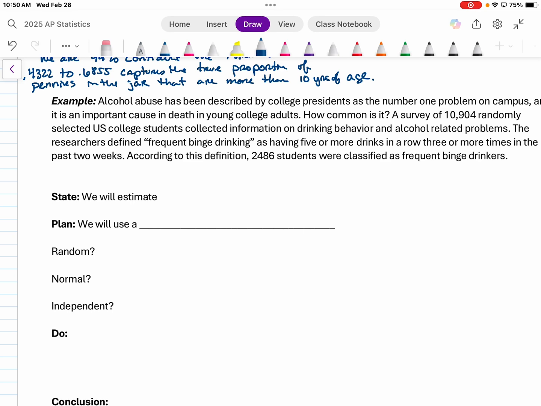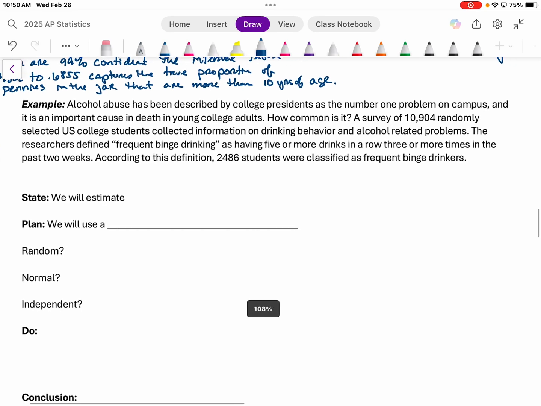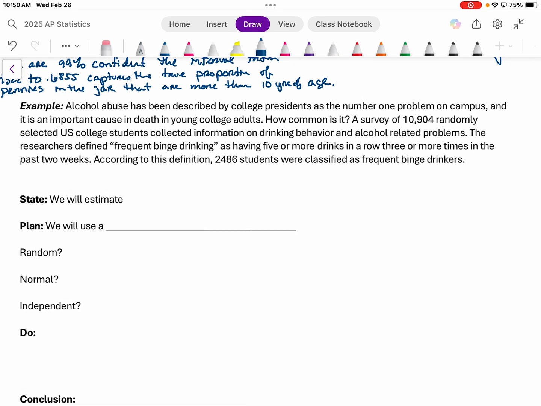All right, next one here. Alcohol abuse has been described by college presidents as the number one problem on campus and an important cause of death in young college adults. How common is it? A survey of 10,904 randomly selected U.S. college students collected information on drinking behavior and alcohol-related problems.